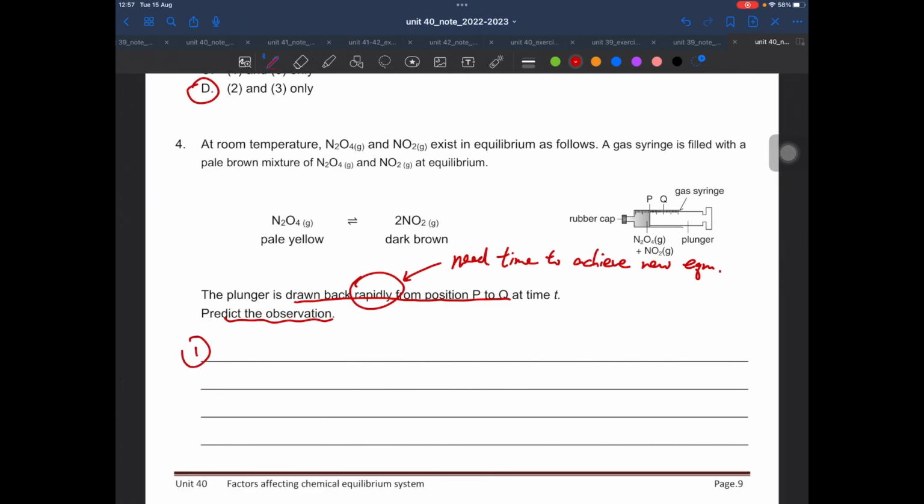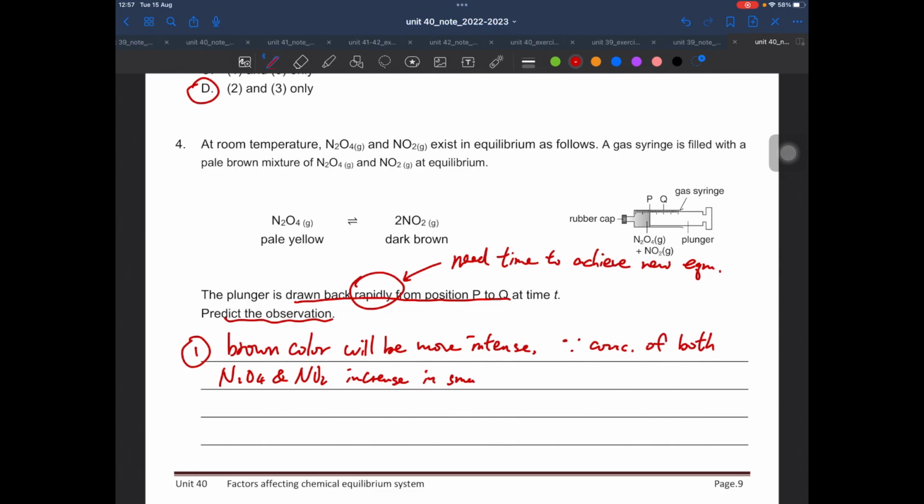Okay, so predict the observations. Now, step 1 is the brown color will be more intense because concentration of both N2O4 and NO2 increase.